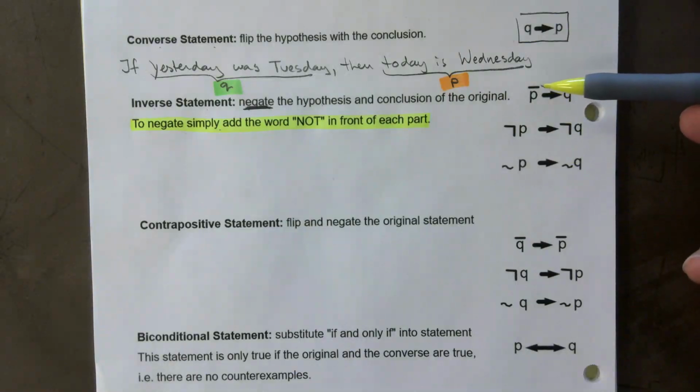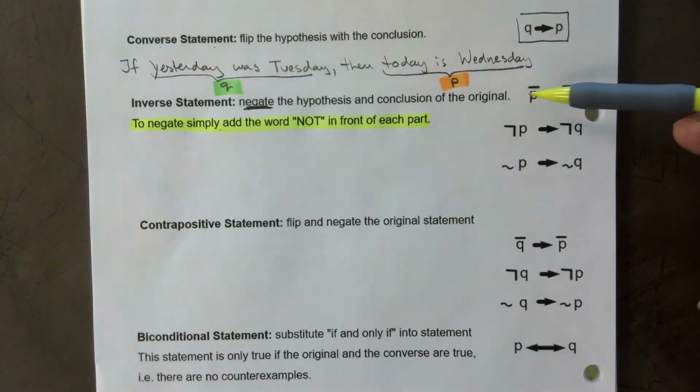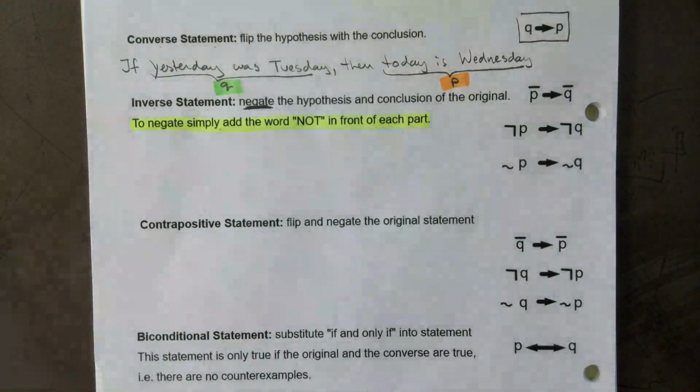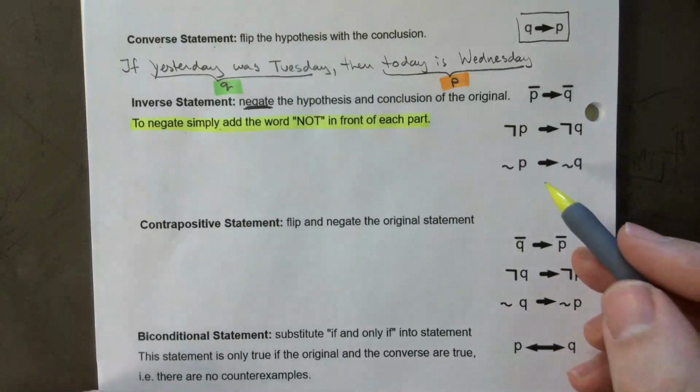But anytime you see basically anything on top of a letter, it means not. So you could have this, you could have this, right? Or you could have this. So I will just tell you this. If there's anything weird happening to a letter, just assume that that's saying not. All right? So if the province invents a fourth one while I'm talking right now, you just say, oh, that's probably not. That's probably the safest way to do it.